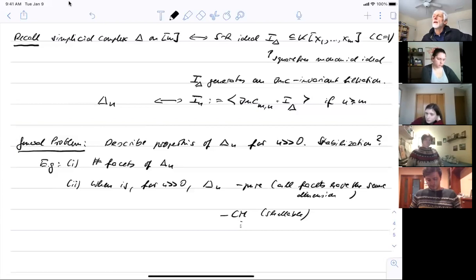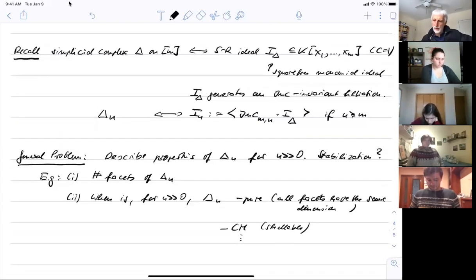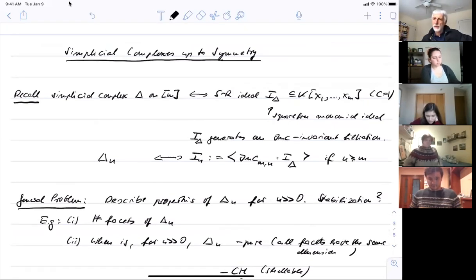I don't know. You're right. I mean, you have to match the number of variables and vertices. But here I tried to be careful. This m has to be the same m here.